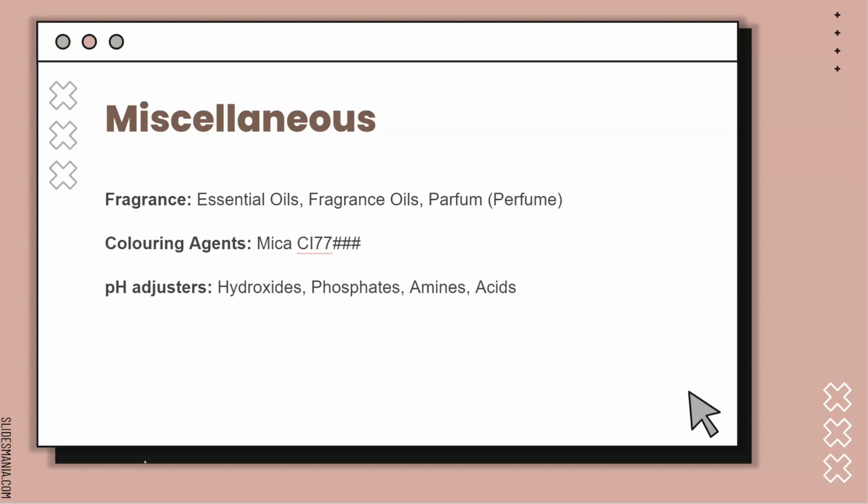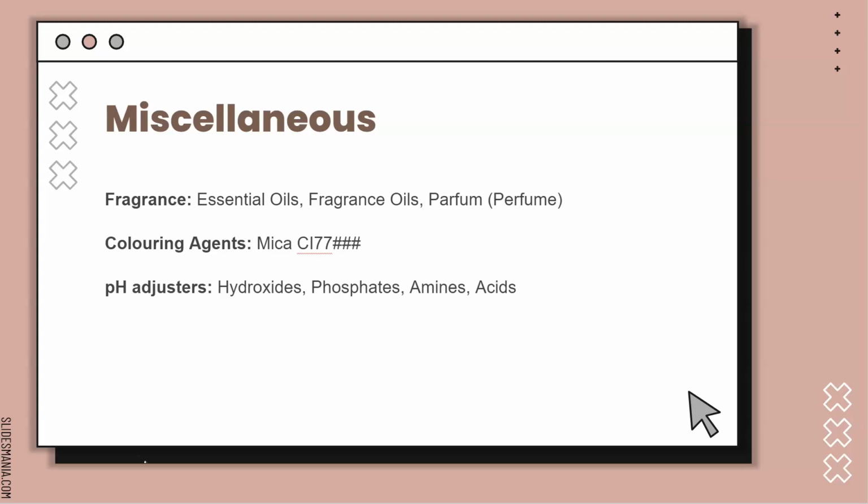These can include essential oils, fragrance oils, or perfume or parfum. Essential oils are natural ingredients that are aromatic, and they are derived through distillation of botanicals. These are listed by the scientific name of that particular botanical in your ingredient list.